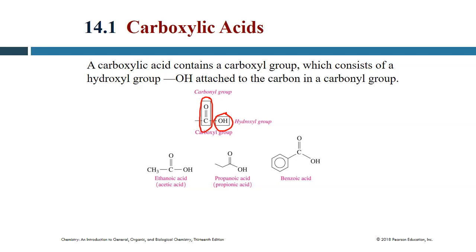Formic acid, acetic acid, propionic acid, butyric acid. Those same four prefixes, form, acet, propion, butyr, are used in both. It's just the ending that changes. Instead of aldehydes, we call them acids.